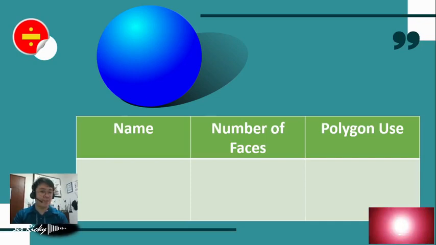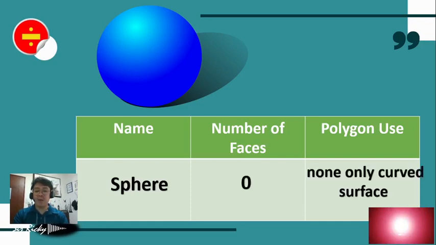If you name this solid figure as a sphere, great job! The number of faces of a sphere is 0 because it has no faces, because it only has a curved surface.